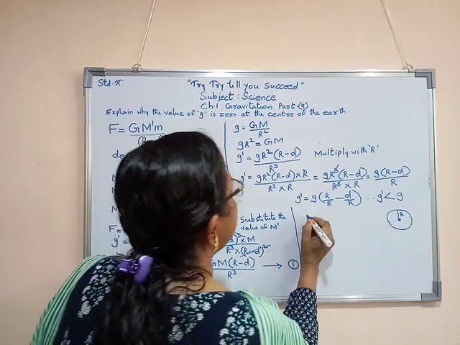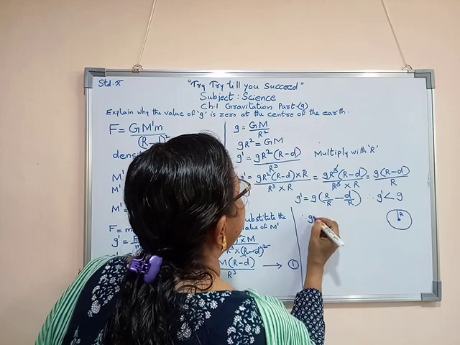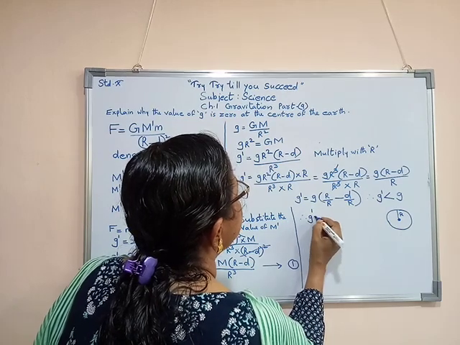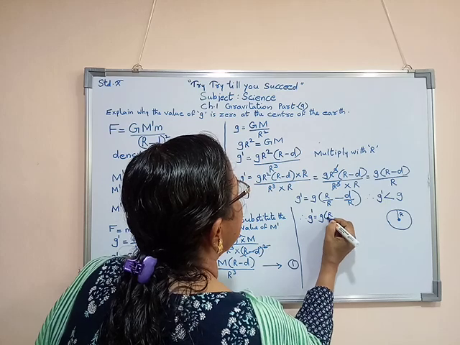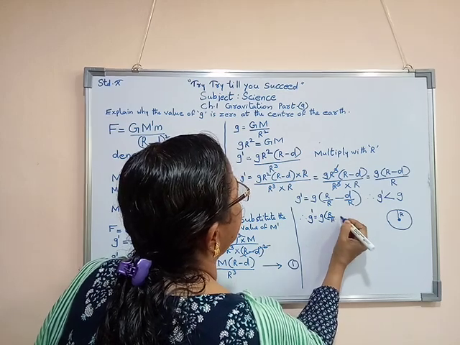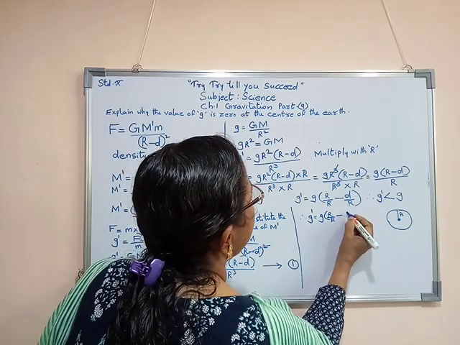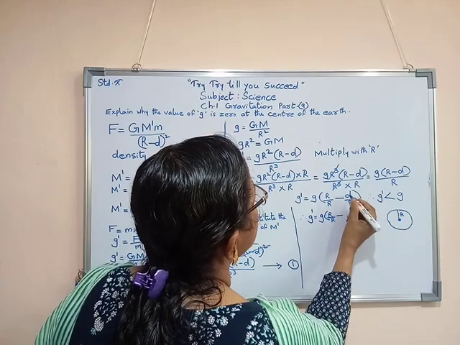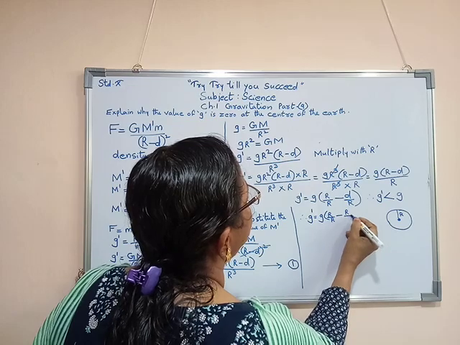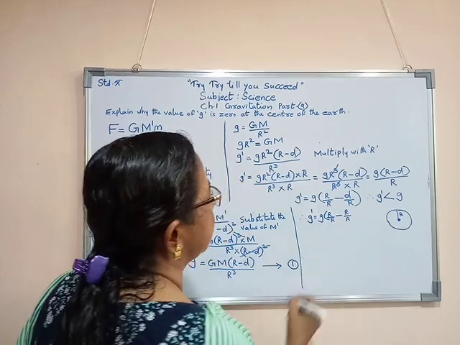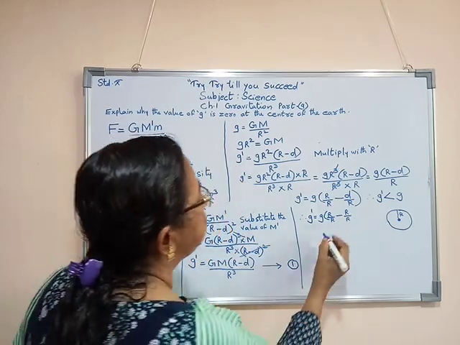So now you see, therefore G dash is equal to G into capital R upon capital R minus, here distance I am counting, capital R upon capital R. So what will be our answer now?